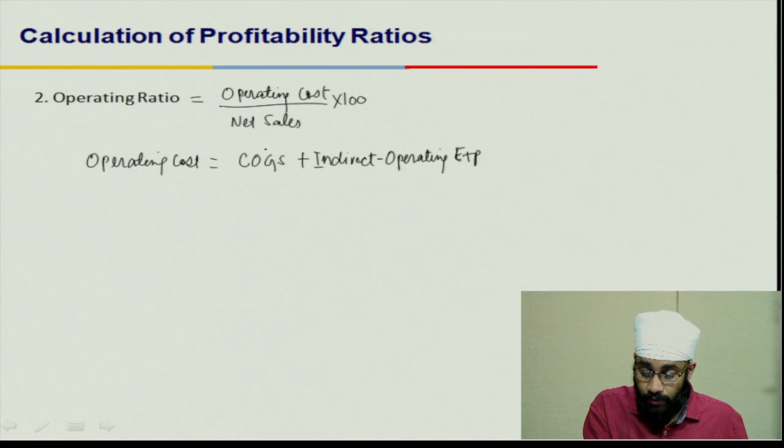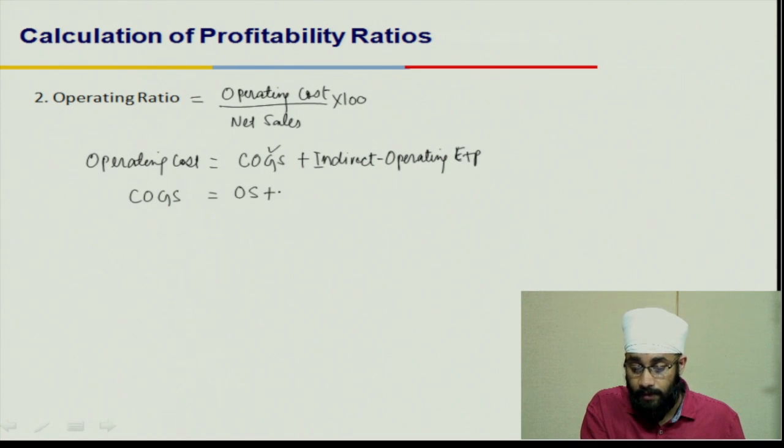So how do we calculate cost of goods sold? As I told you earlier, cost of goods sold is equal to opening stock plus purchases plus direct expenses minus the closing stock. Alternatively, you can also say net sales minus gross profit.